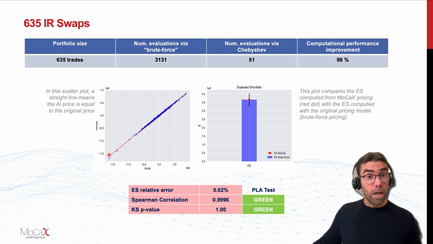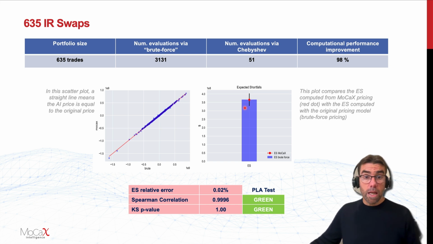And as you can see, they are really very close to a straight line. Here on the right, you have the blue bar, which is the expected shortfall using, again, brute force, the front office pricing models directly. And the red dot is the expected shortfall using the Chebyshev smart sampling approach. And again, as you can see, they are right on top of each other.